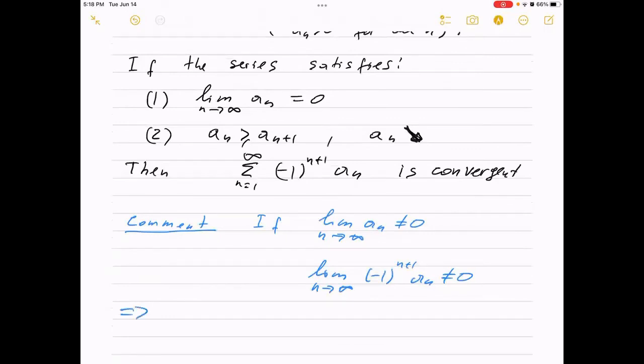Therefore, by the divergence test, we conclude that the infinite series is divergent. So if the first condition is not met, then the series is divergent. That's why we must have the first condition for a series to be convergent.